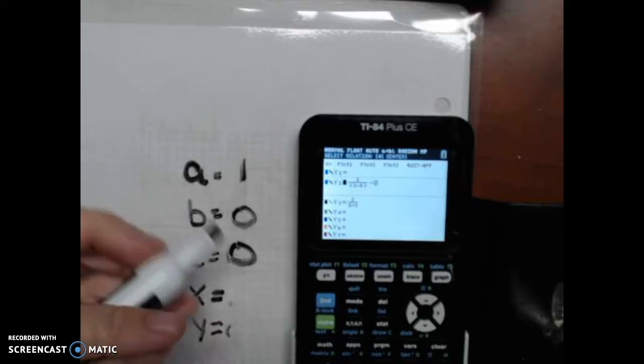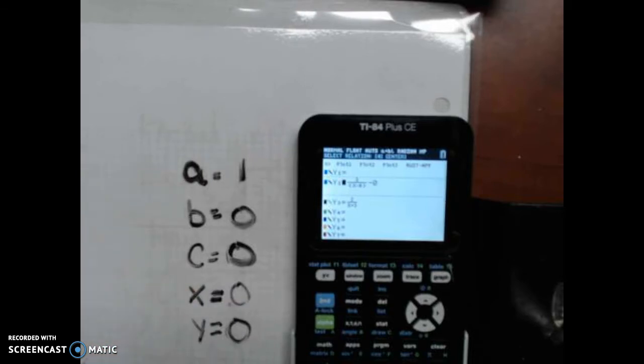So in this case, B is 0 and C is 0, so we'll have asymptotes at x equals 0 and y equals 0, because this is basically the 1 over x equation anyway.